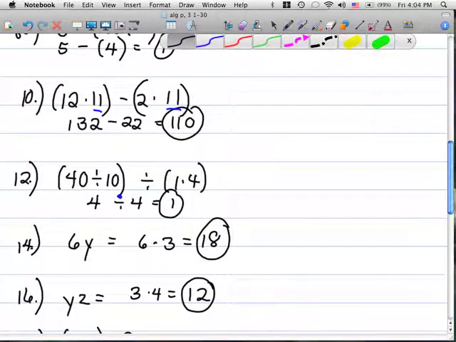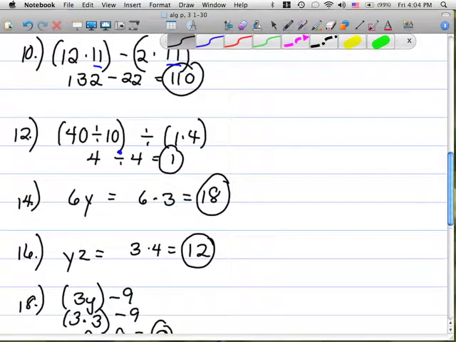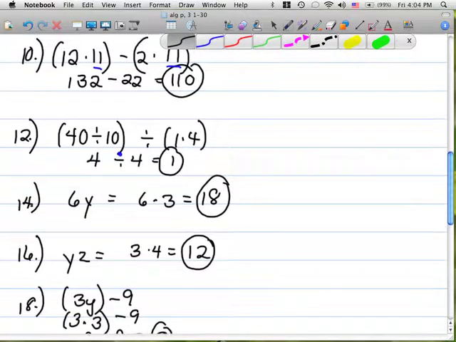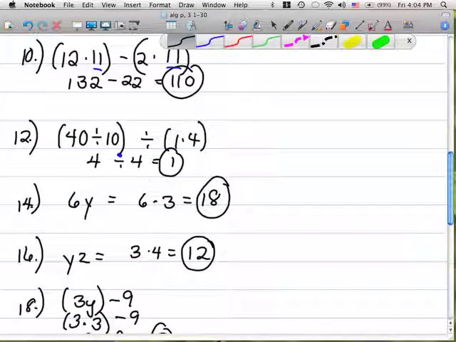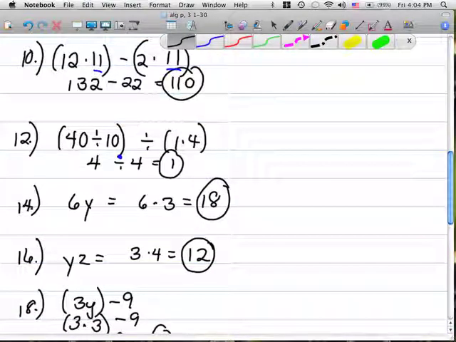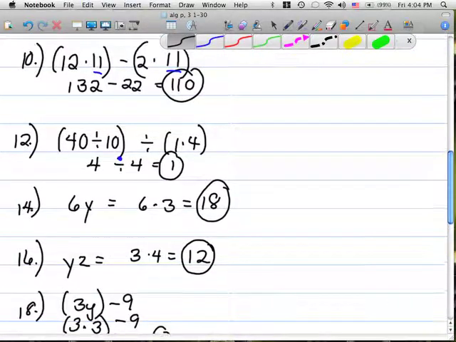Number 14, other directions change, we're to evaluate each expression if x is 2, y is 3, and z is 4. So 14, we copy the problem down, 6y, which means 6 times y. The value for y is 3, so substitute that in, we get 6 times 3, which is equal to 18.